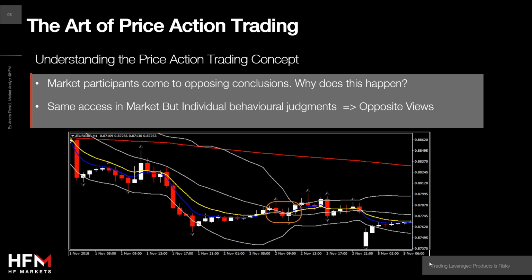Okay, for example, so we have over here the 1 hour euro pound. We have the 5 and 9 exponential moving averages. They are visible to every one of us, right? They are there, visible to everyone.